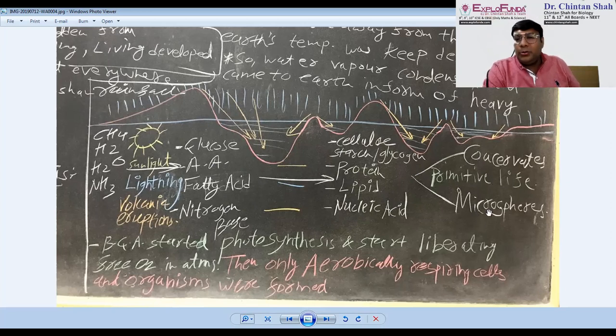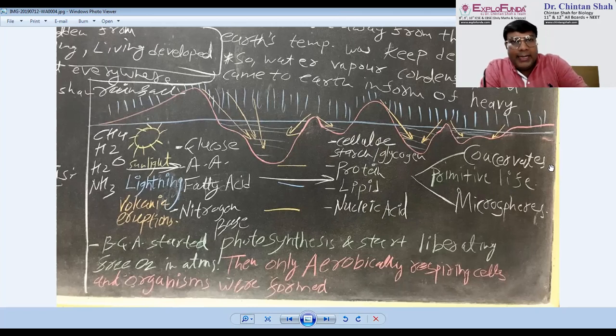Don't think about it too much, but you can say that cellulose will give rise to a cell wall, then lipid and protein will give rise to a lipoprotein cell membrane, and inside there will be nucleic acid in the nucleus. This is how the cell and cell organelles may have arisen. So a primitive kind of cell, a primitive kind of life, can be there. Blue-green algae was the first one.